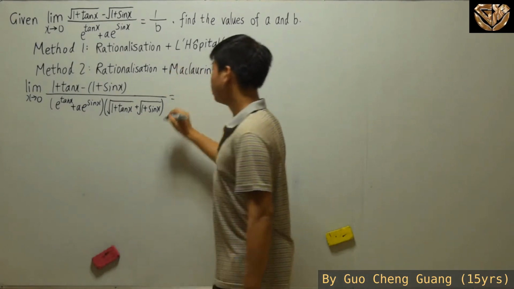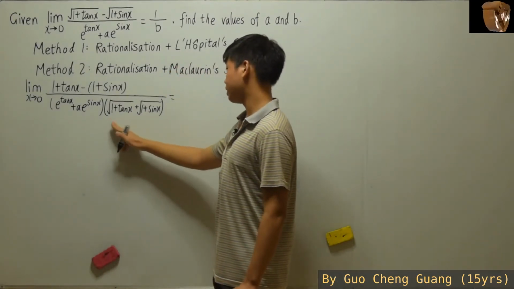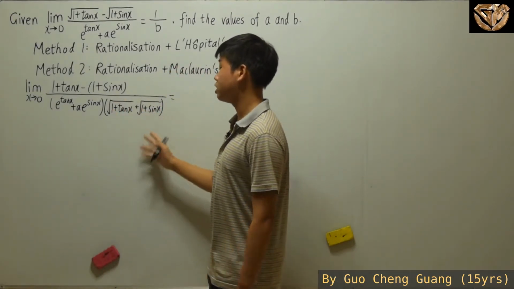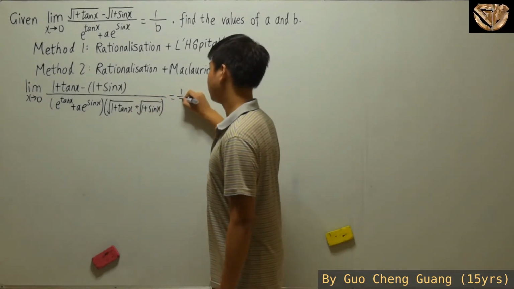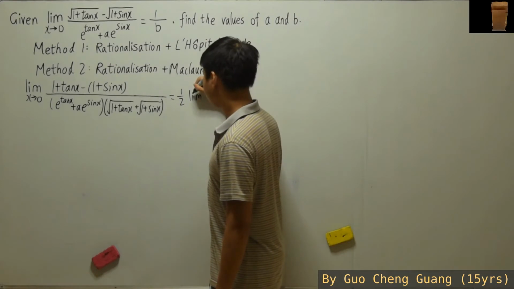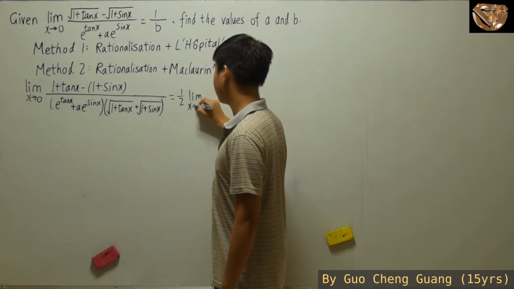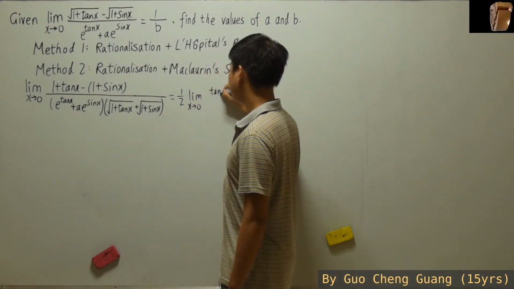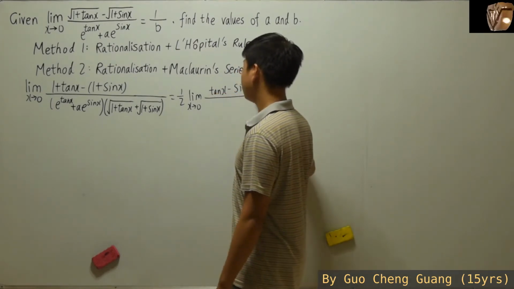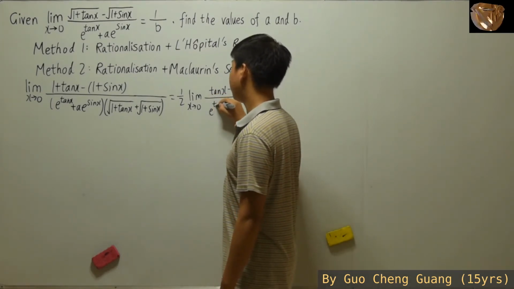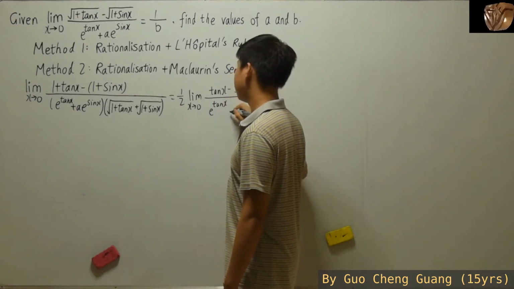Once again we will substitute x into this part behind, since it is actually a 2 multiplied onto this fraction, which we could take out to become a half. Then we'll have the limit as x approaches 0 of tangent x minus sine x, divided by e to the power of tangent x plus a times e to the power of sine x.